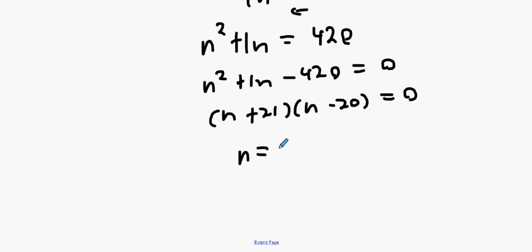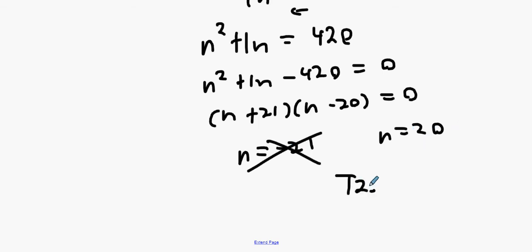Which number is it? Is it minus 21 or is it plus 20? It's not allowed to be minus 21, is it? In sequences you can't say the minus 10th term. It starts off at 1, 2, 3, 4, 5. Minus n values don't exist. So the answer would be the 20th pattern.